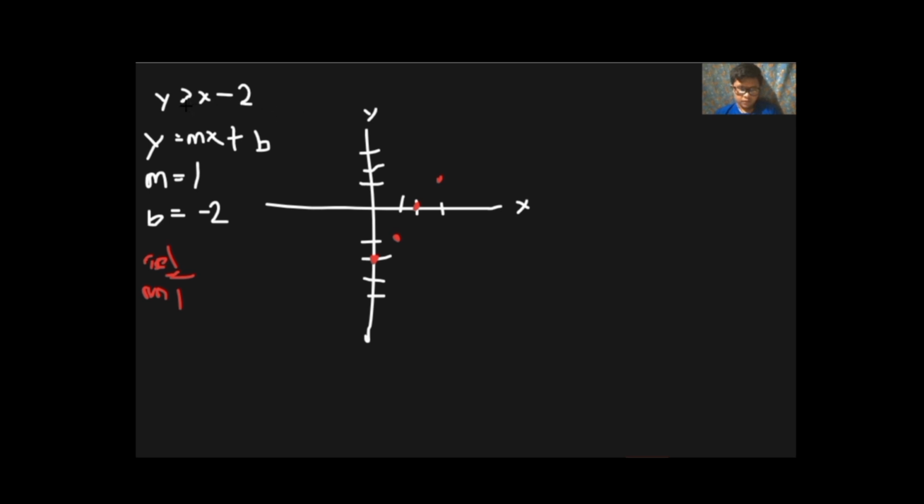In this problem, the symbol is greater than, so we're going to use the dashed line. Since y is greater than x minus 2, we're going to shade the upper part.